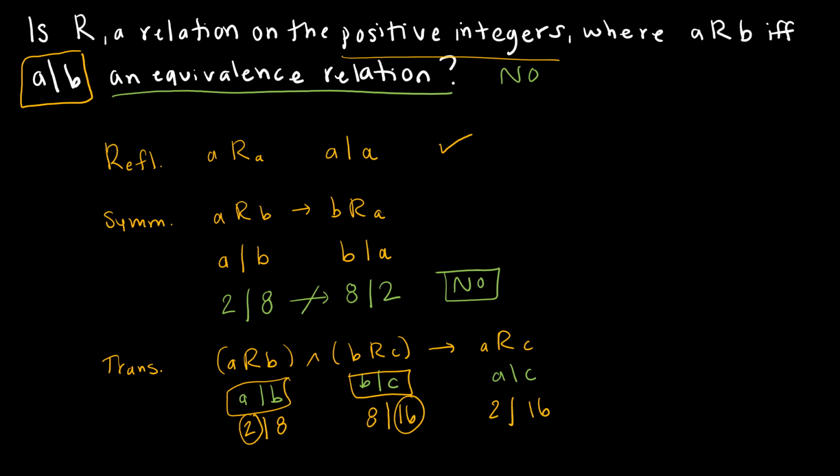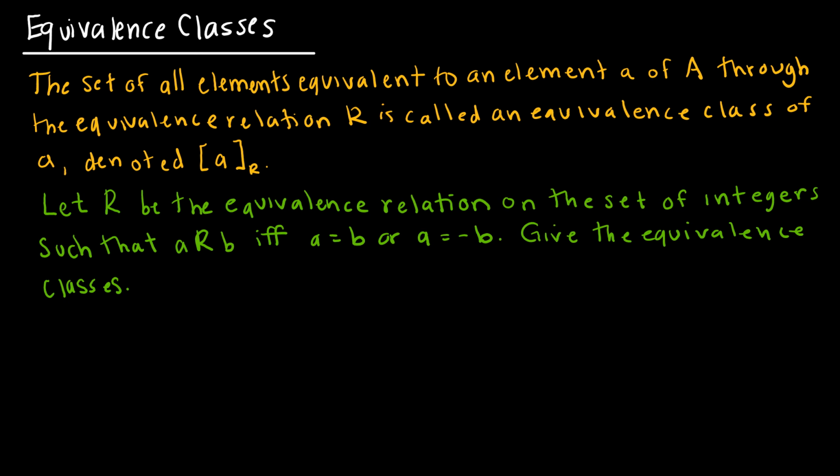And the question is, is that true? Is it always going to be true and not just true for the example that I made up? And it is always going to be true, because if 2 goes into this number and this number is just a multiple of this number, then it's always going to be true every single time. So yes, this in fact is transitive. Is it an equivalence relation? No, because it is not symmetric, but it is reflexive and transitive.